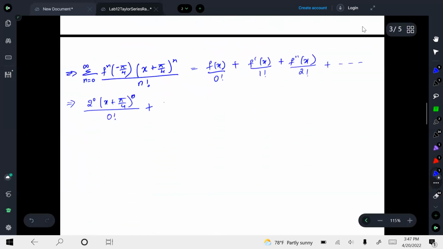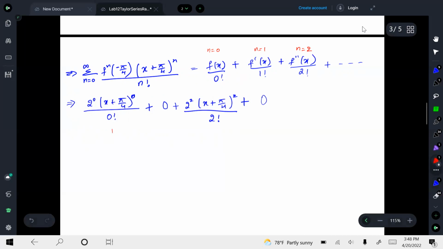So f prime was 0, I will write that as it is, plus f double prime of pi by 4 is 2 square, x plus pi by 4, here n is equal to 2. This is for n equal to 0, n equal to 1, n equal to 2. Plus, do not forget to write the factorial, plus again 0.